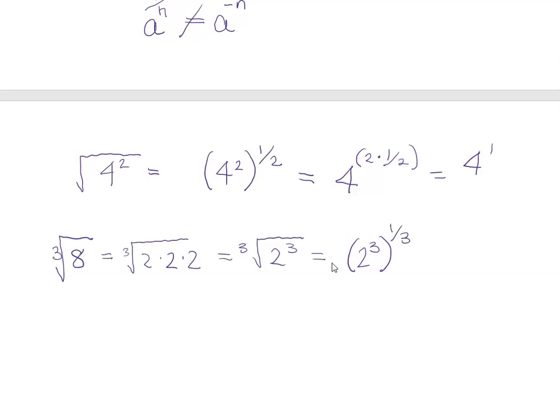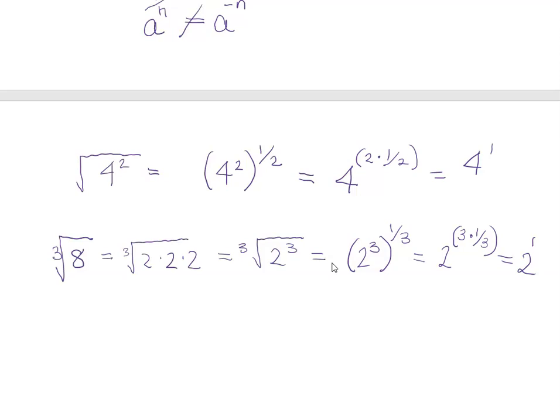So this is the power of a power. Remember that exponent rule. That actually comes into play here, and sometimes it's easier to think about it like that. So here I'm going to wind up with a 2 raised to the 3 times 1/3, which gets us 2 to the 1st, which we just talked about being just a plain old 2.